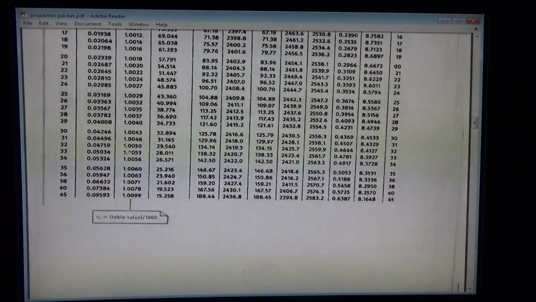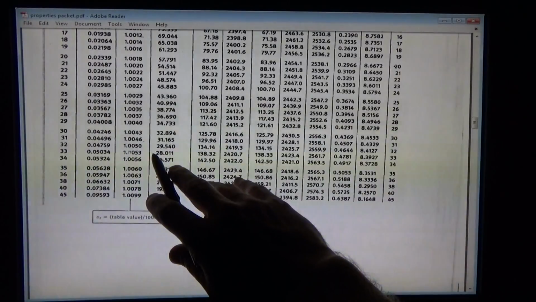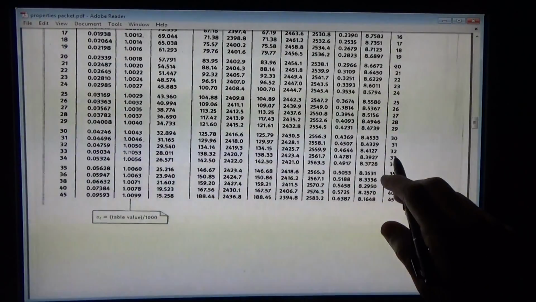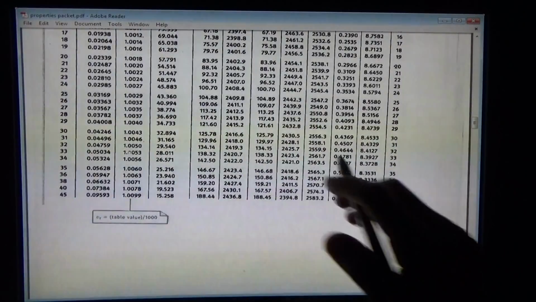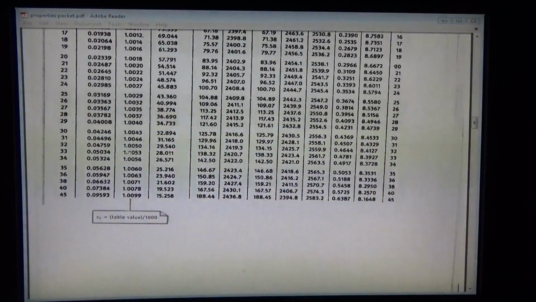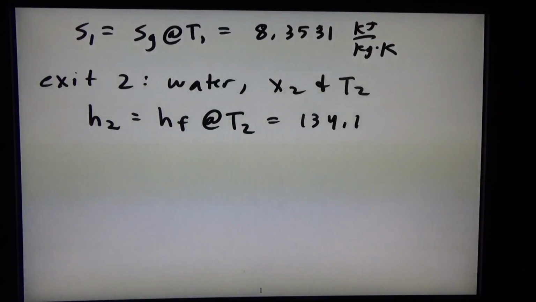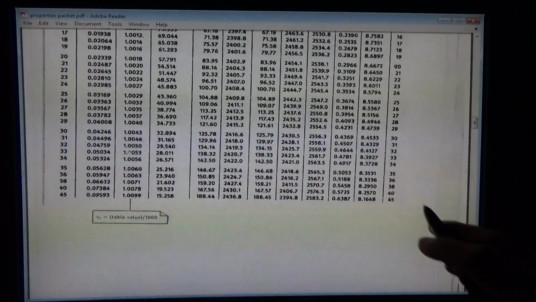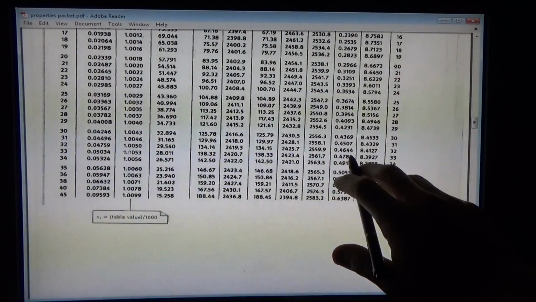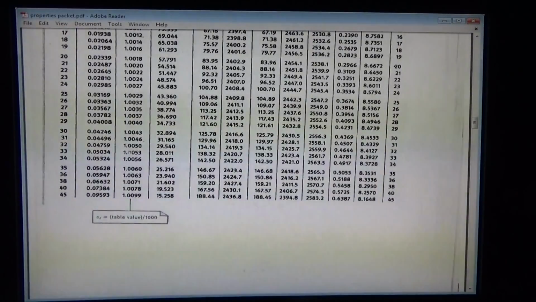So h sub f at T2, T2 is 32 degrees Celsius. So we're going to have to read here for the 32 degrees Celsius. h sub f, 134.15. And while we're at it, we'll go ahead and get s. So s sub f for 32, 0.4644.